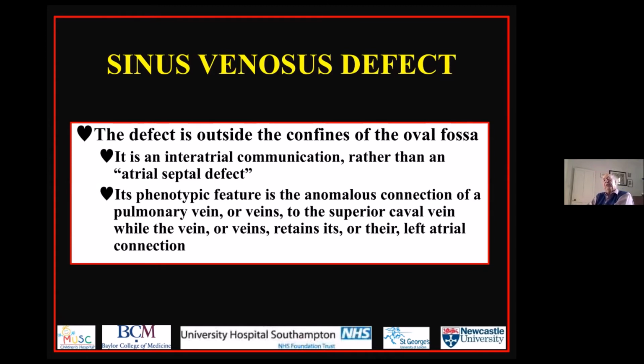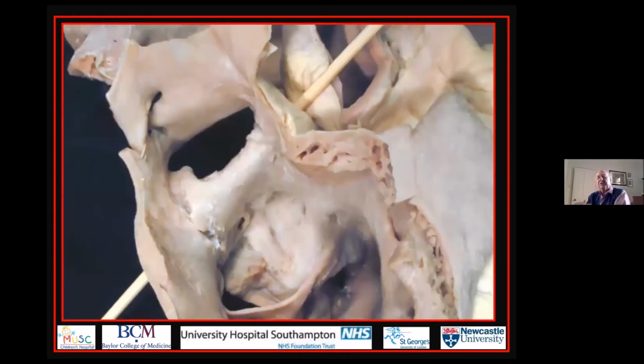And what I'm going to show you, and I'm sure many of you know this already, is that the phenotypic feature of sinus venosus defect is anomalous connection of the pulmonary vein or pulmonary veins to the superior caval vein, with those anomalous veins retaining their left atrial connection. And it is that retention of the connection of the anomalous veins to the left atrium that produces this channel that is outside the confines of the oval fossa.